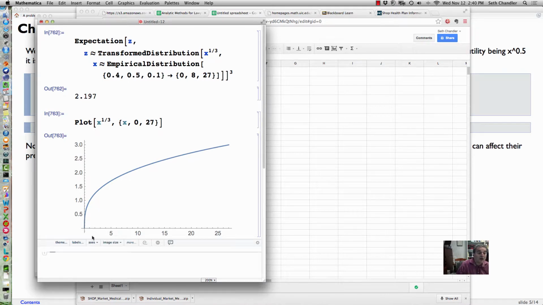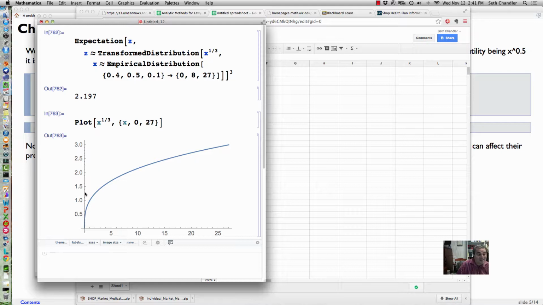And so 40% of the time my utility is here at 0, and 50% of the time it's up here at 2, and 10% of the time my outcome is at 27 and my utility is at 3. And so there's some utility here which is actually 1.3, which is the weighted mean of those outcomes.